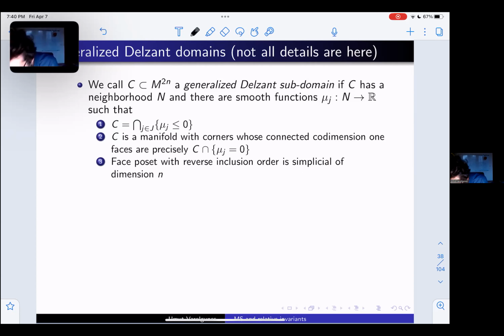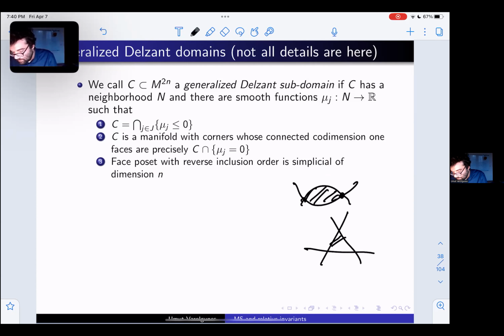So, for example, you can't have something that looks like this, because the intersection of these two faces is this union. That's not allowed. This is allowed. Okay, I mean, the rest of it is not there. The extensions of these edges are not there. It's just easier to draw that way. And it should be of dimension n, which means that it should have a codimension n face.